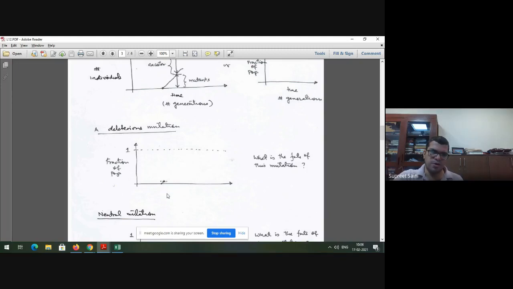What happens to the fate of this mutation? Go extinct. The mutation will go extinct, and this graph will go back down to zero, and then we get back our ancestral genotype, right?